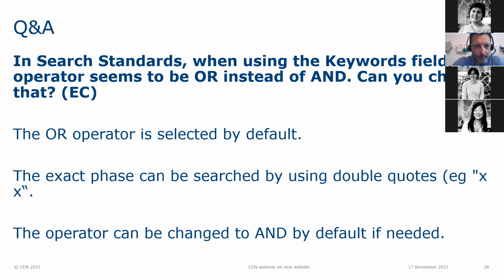Again, it's about the search in the public area, search on the standards. There is a possibility to enter keywords, and the question we received is that when you are making a search, it's an OR operator between the different words and not an AND. Yes, the OR operator is selected by default, and you can also search an exact phrase by using double quotes, if you want to search a very specific combination of words.